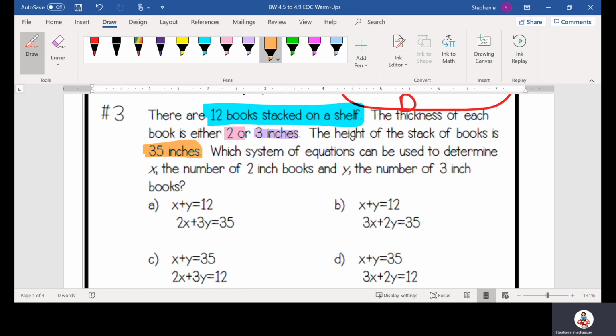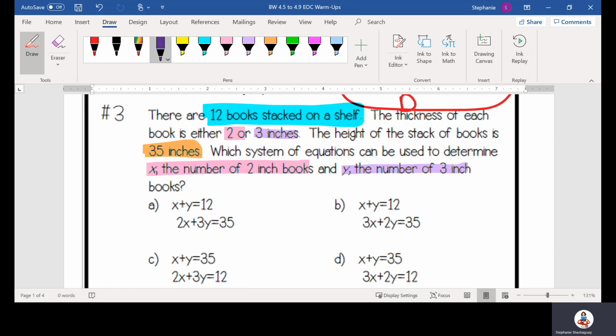So they told us which ones they want each to be.